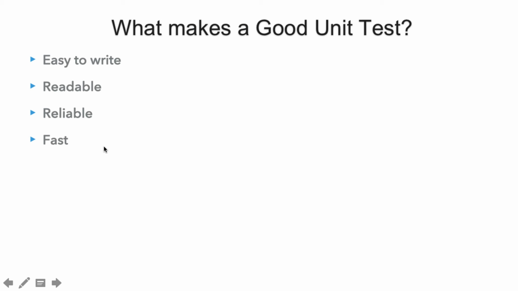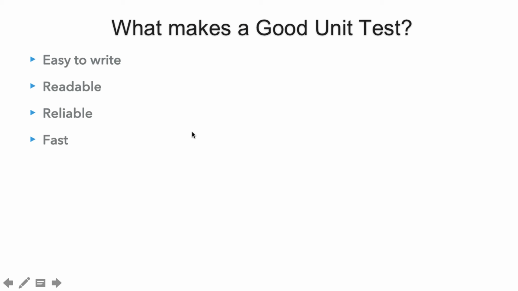The fourth characteristic which makes a good unit test is that it should be fast. By fast we mean that when we execute a unit test, it should provide feedback to the developer very quickly. Because in a particular project, a developer writes hundreds or thousands of unit tests, and what the developer usually does is run the unit tests every time so that they can get feedback about the system which they are testing.